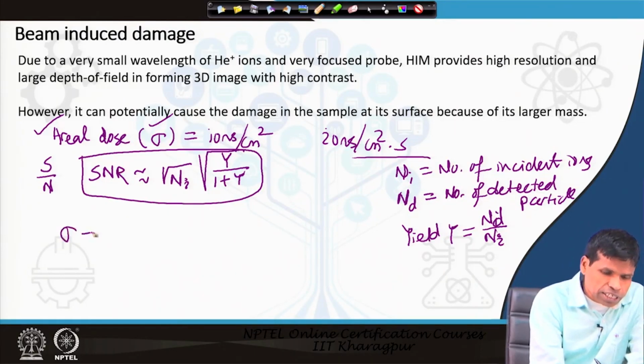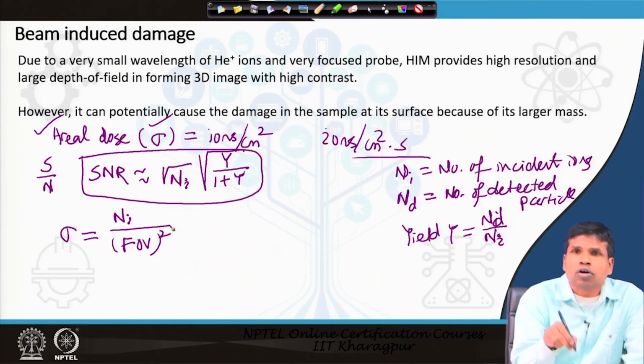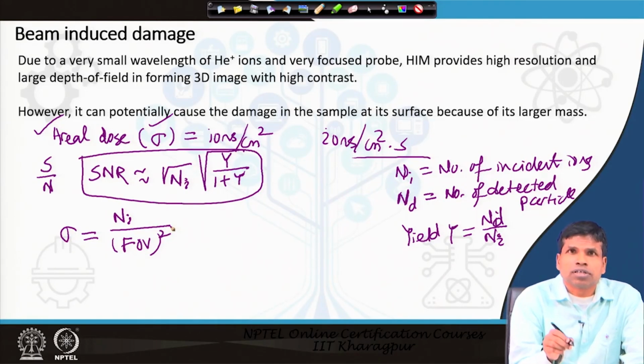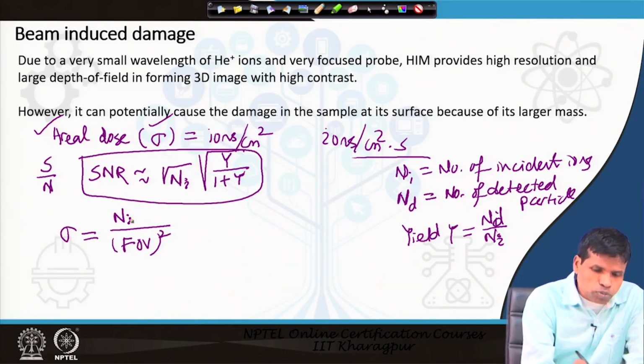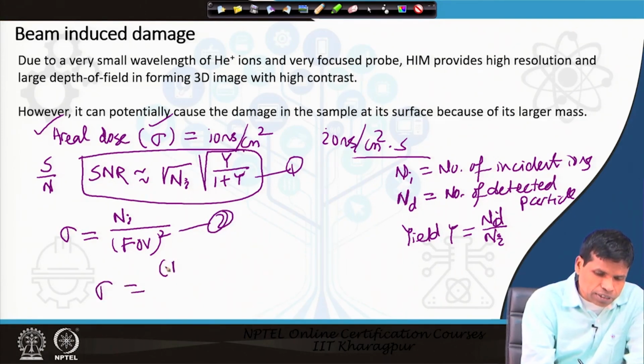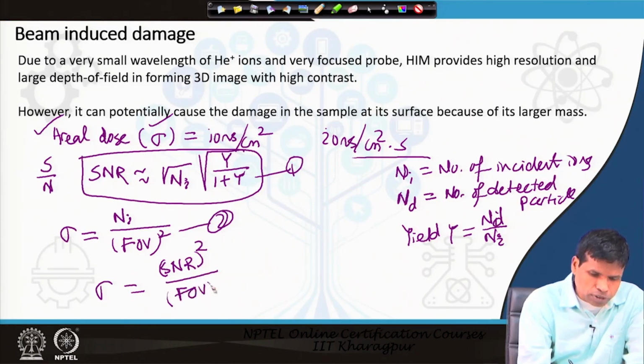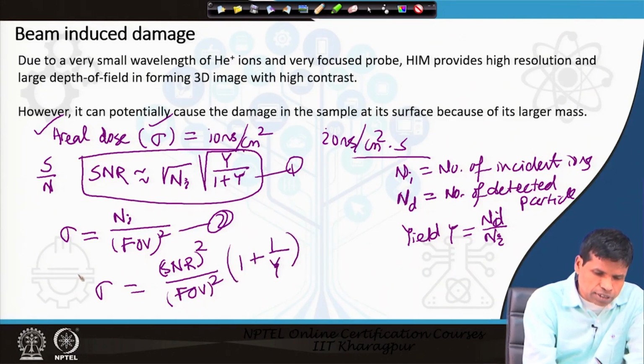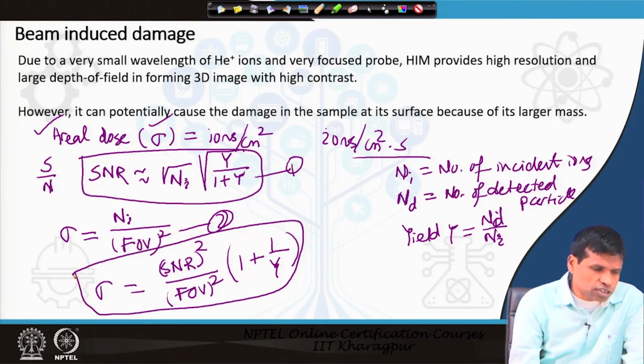So, sigma is equal to Ni, that is the number of ions, divided by the field of view, FOV, that means the area on which the ions are incident on the specimen. Now, if we put Ni from equation 1 into equation 2, then this sigma can be written as SNR to the power square, divided by FOV times the quantity 1 plus 1 by y. This will be our ion dose.